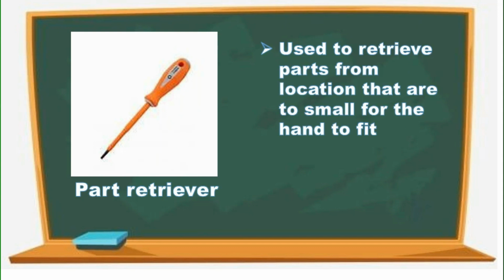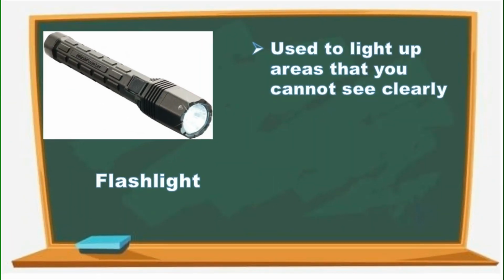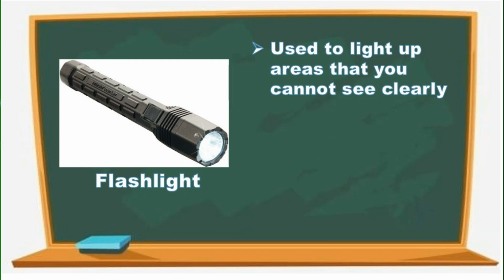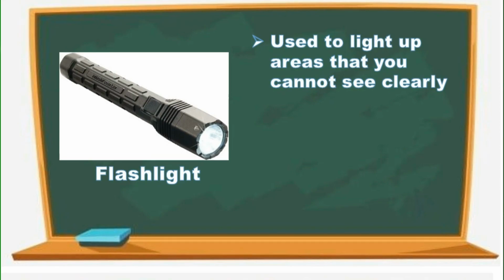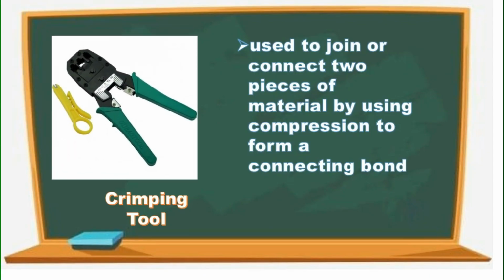Part retriever. It is used to retrieve parts from locations that are too small for the hand to pick. Flashlight. It is used to light up areas that you cannot see clearly in your computer. Crimping tool. It is used to join or connect 2 pieces of material by using compression to form a connecting band.